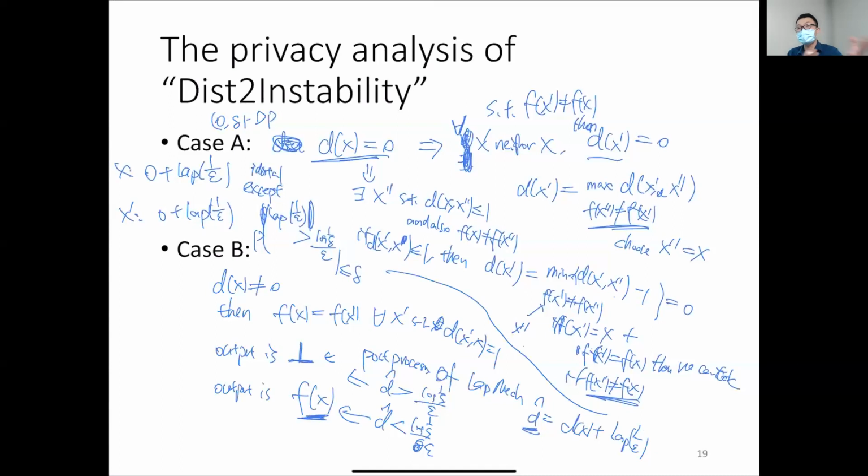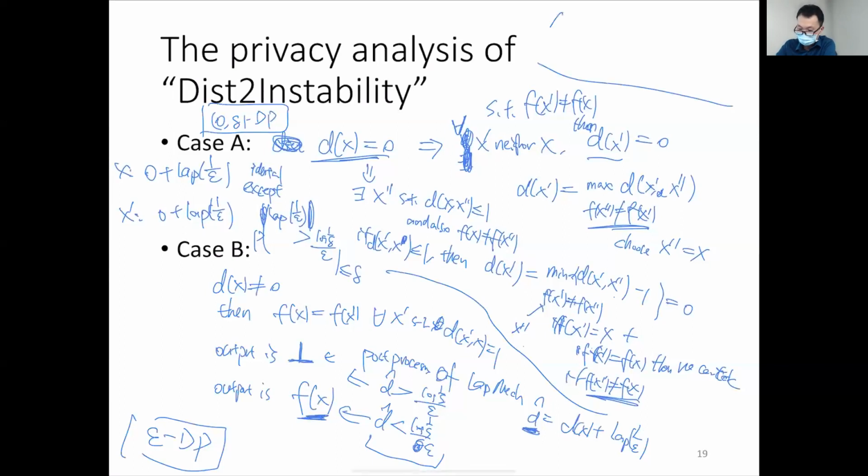So the output space is binary: it could be either perp or f of x. Because of this binary output, which depends only on a post-processing of the output of the Laplace mechanism, we know that in case B, it satisfies epsilon-DP. So in one of the cases, we satisfy (0, delta)-DP. In the other case, we satisfy (epsilon, 0)-DP. So altogether, this algorithm satisfies (epsilon, delta)-DP.